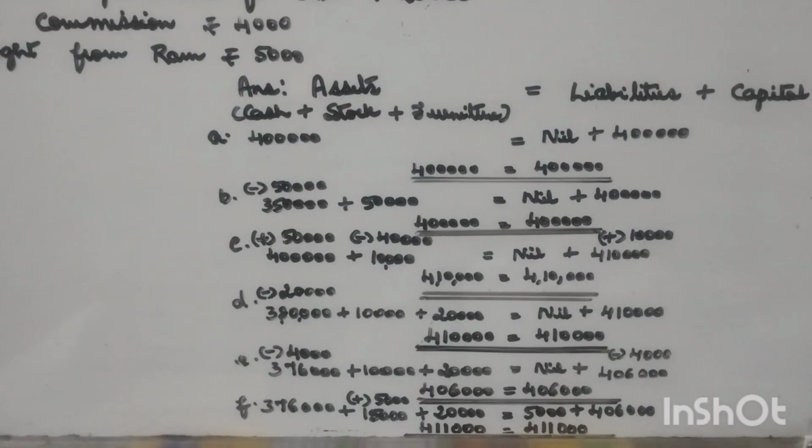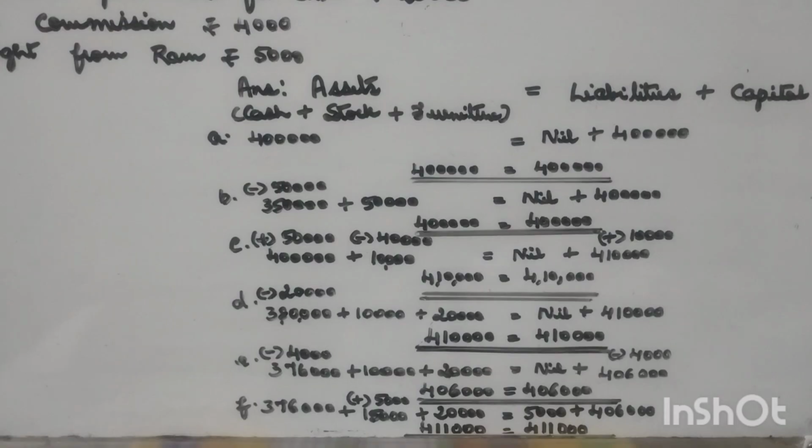So 4 lakh minus 50,000 will be 3,50,000. So there is arrival of goods, so we need to show stock on the asset side. Stock is an asset. Show the value of stock as 50,000. Firm has no liability. The capital of the business will be 4 lakh. So we can equalize: 4 lakh is equal to 4 lakh. That is the second transaction.